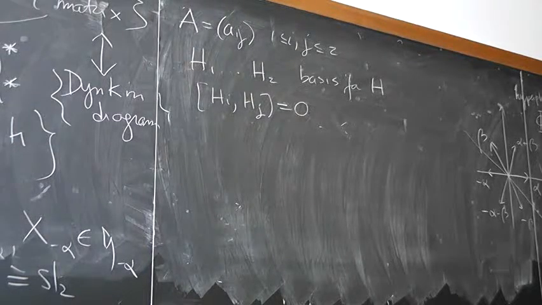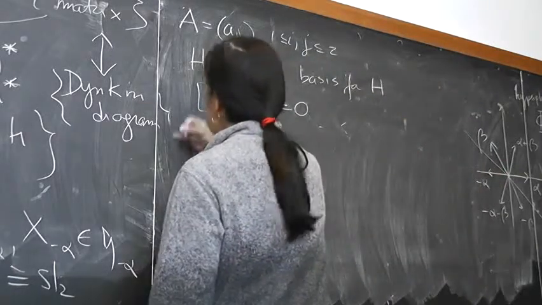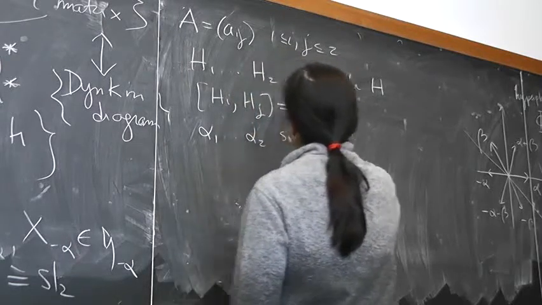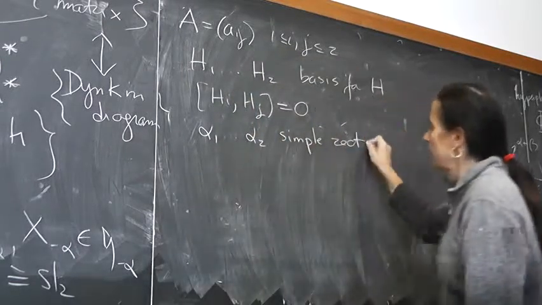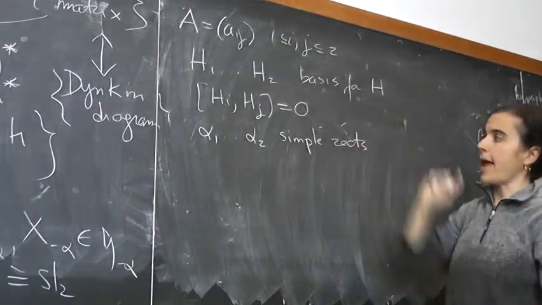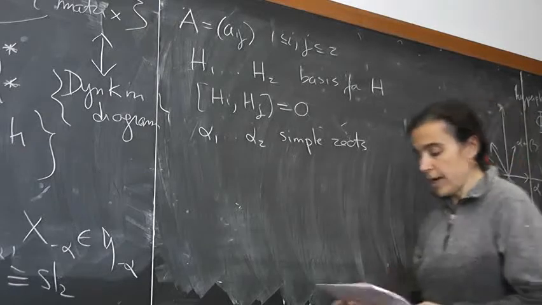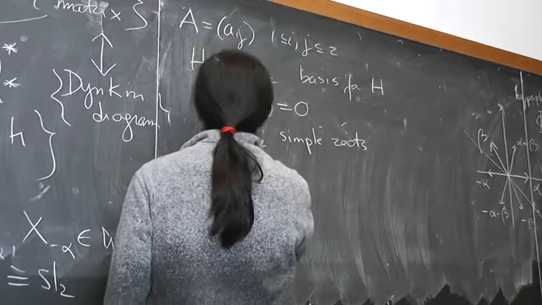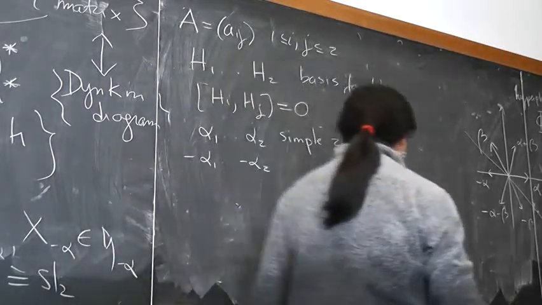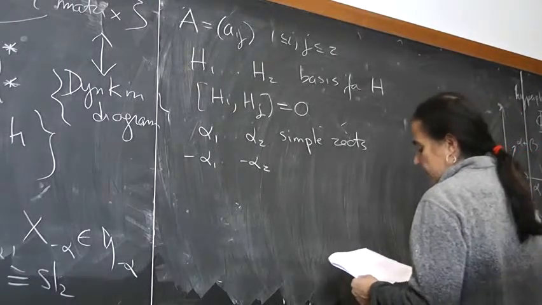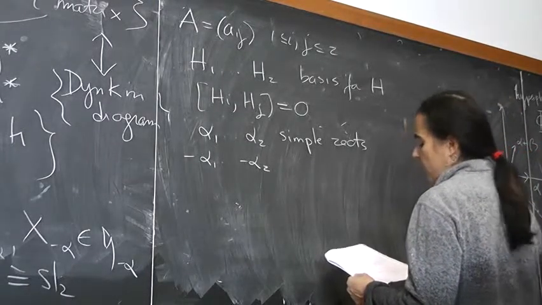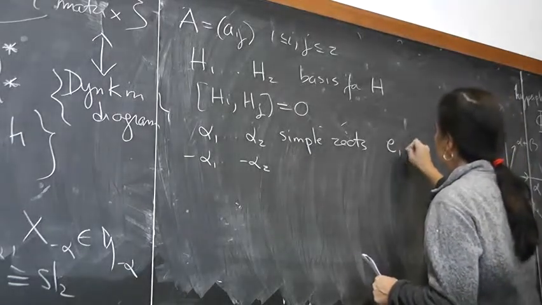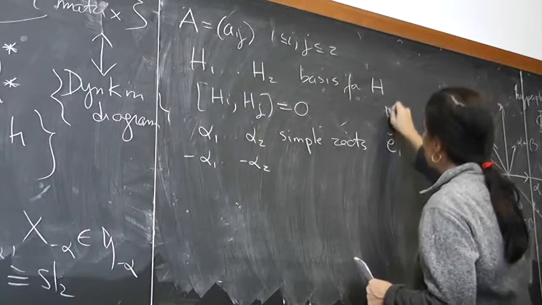So for each simple root, there will also be minus corresponding root spaces. I call Ei the elements, E1 through Er, elements of g alpha 1 and so on.